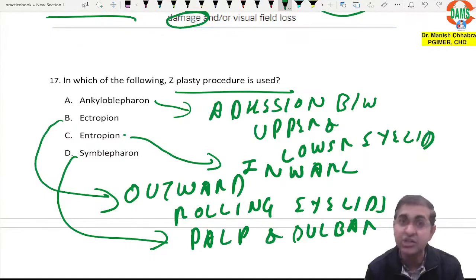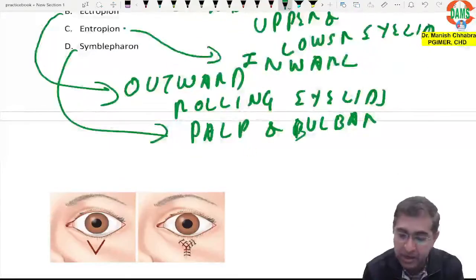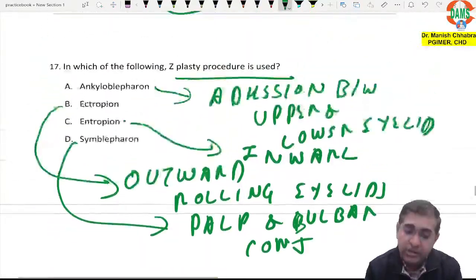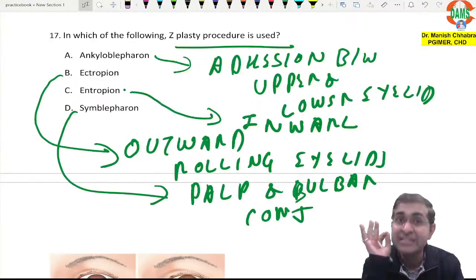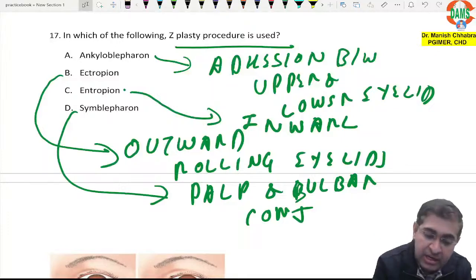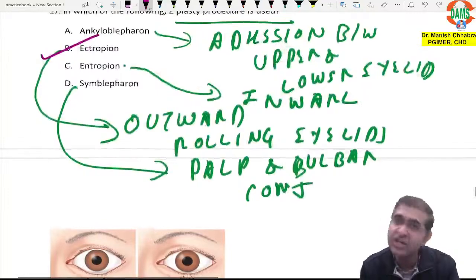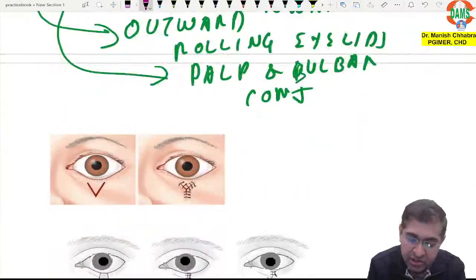These can be asked as single terms. Now they have asked about the Z-plasty procedure. So boys and girls, Z-plasty procedure is done in ectropion. This you will have to remember. So the definition I have told you. So Z-plasty is this.